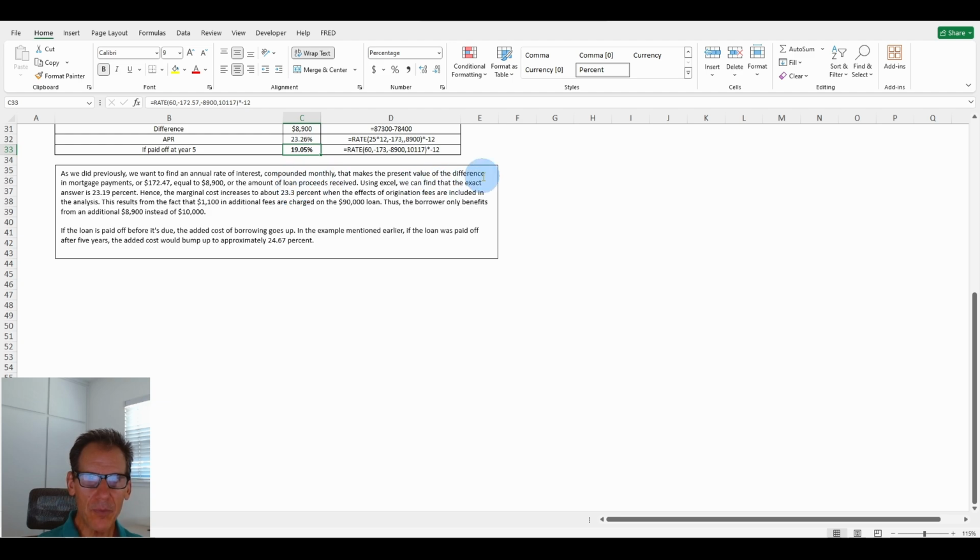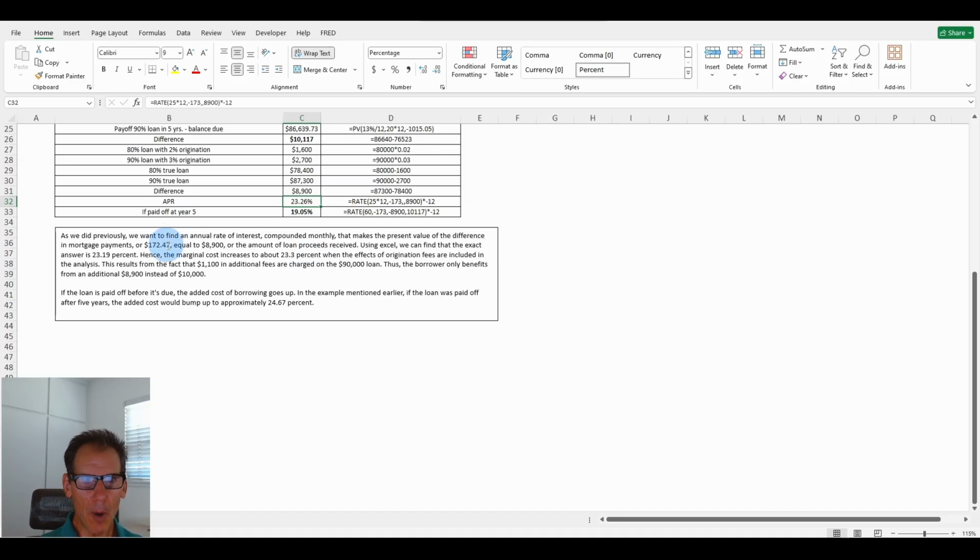Using Excel, we can find that the exact answer is 23.19%. Hence, the marginal cost increases to about 23.3% when the effects of origination fees are included in the analysis.